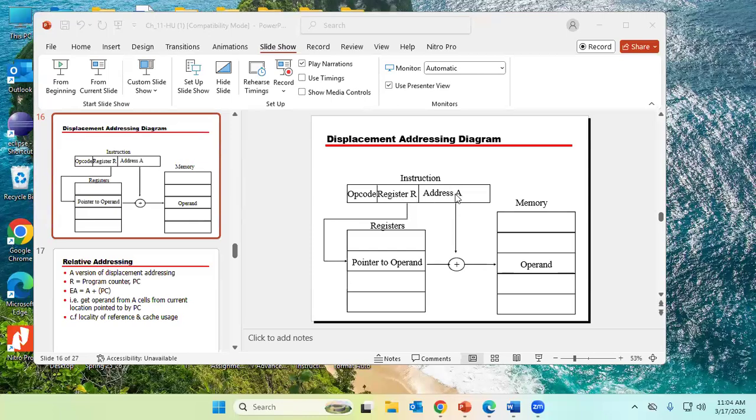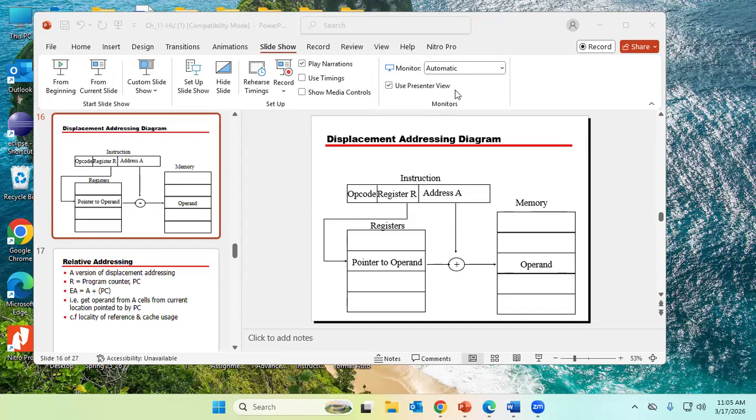So in this instruction, we have an opcode, we have a register, 4 bits, and we have an address A, guys. This address A can be a number. So you take this register and there is a number here, and you add the number to it, and this will lead you to the effective address.